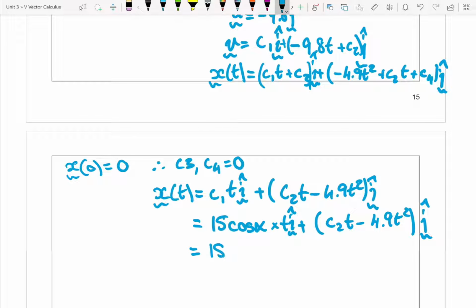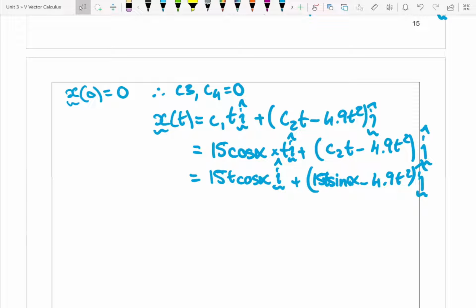So it's going to be 15t cosine alpha i plus 15t sine of alpha minus 4.9 t squared j. So what this gives us is a value for x and a value for y.